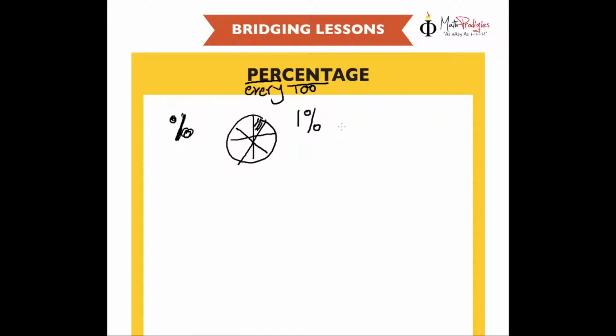So if I say that in a class there are 40 students, a normal common number, and I say 50% of the 40 students, how do we do this? There's only 40 people. We can't divide 40 people into 100.